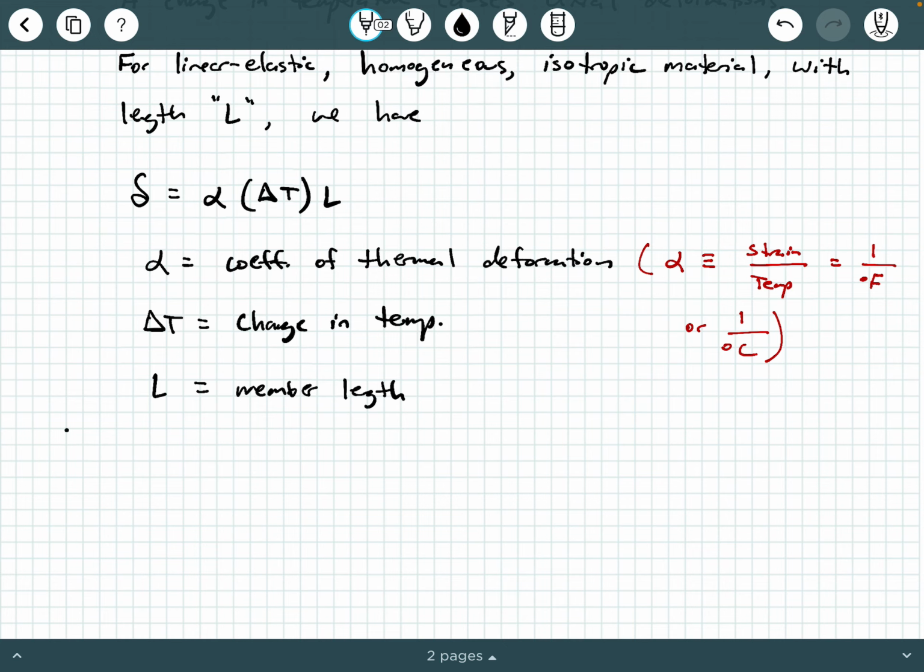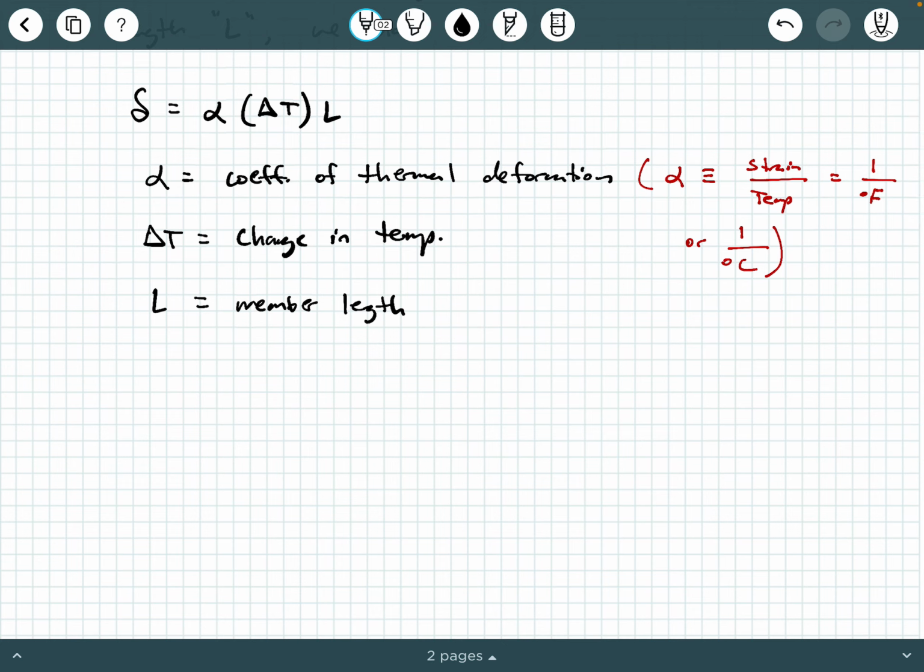The integral form is delta equals the integral from 0 to L of alpha as a function of x, times delta T as a function of x, dx.